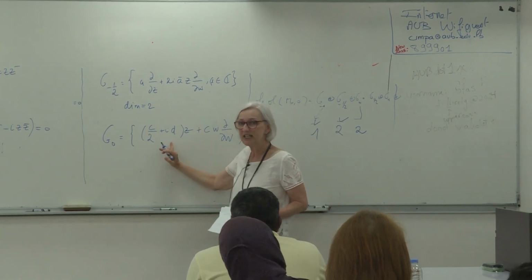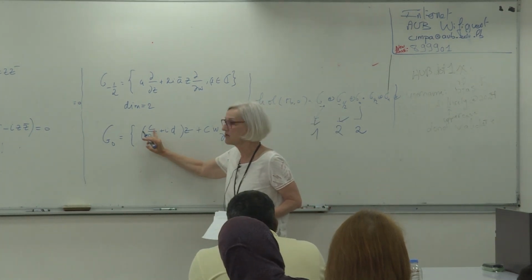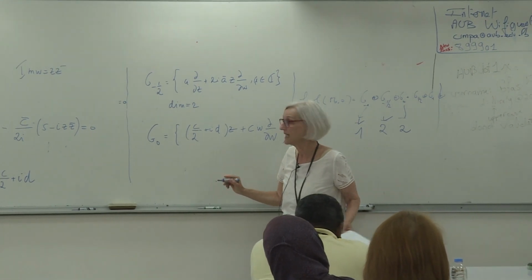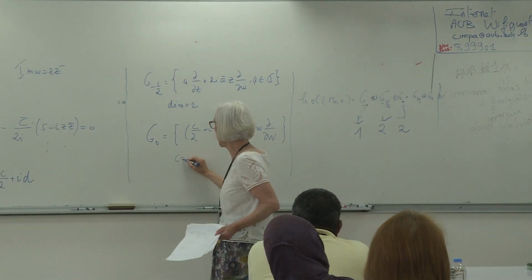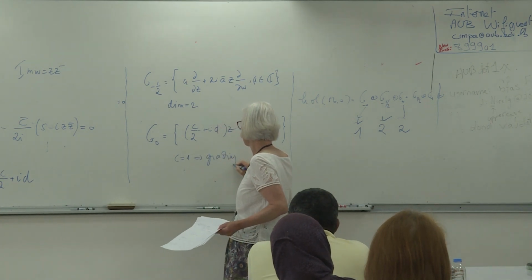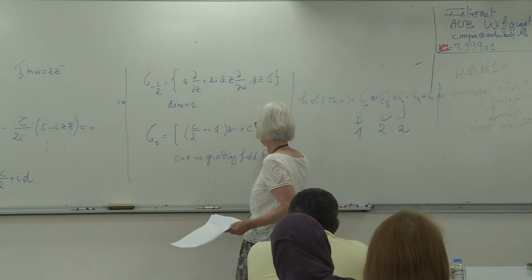So what do you see if D is equal to 0 and C is equal to 1? What do you recover? The gradient field, right? So C equal to 1 is the grading field, or Euler field.